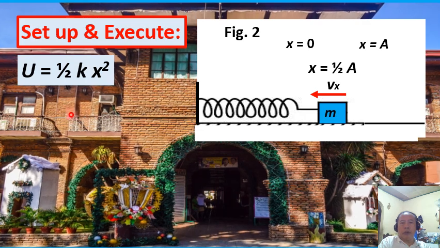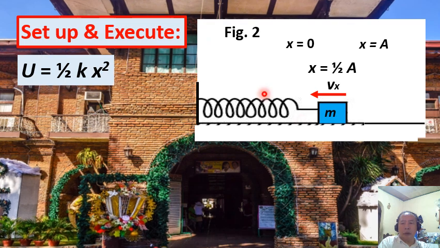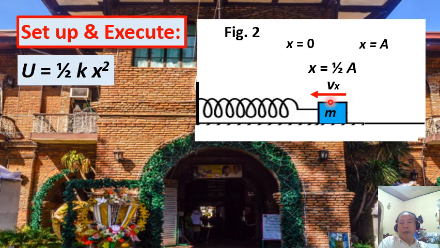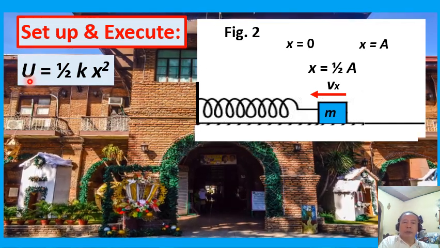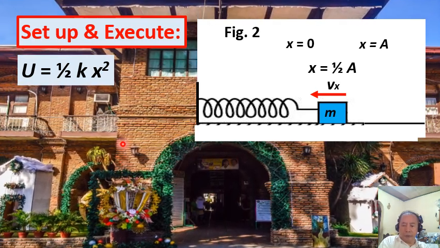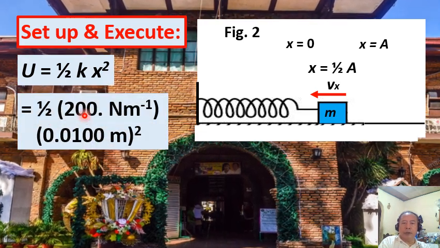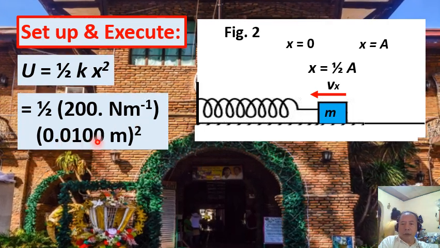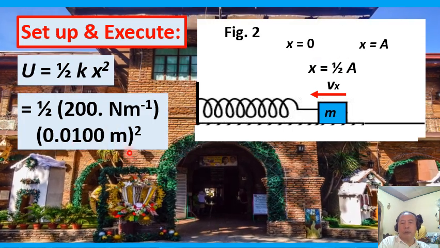Likewise, we also determine the elastic potential energy of the oscillating block when it is at the same position x equals 1/2 the amplitude. So the formula is capital U representing the elastic potential energy equals 1/2 kx squared. That is, capital U equals 1/2 multiplied by 200 point newton per meter and multiplied by 1/2 of the amplitude 0.0100 meter, that will be squared.